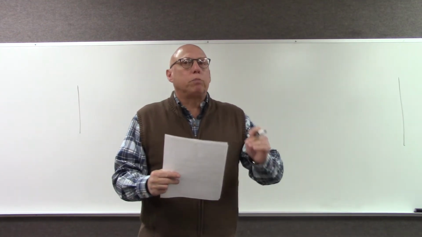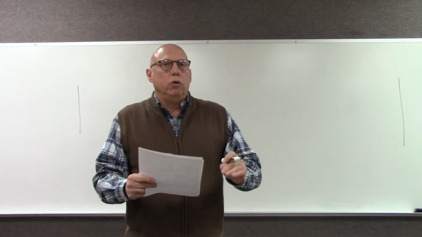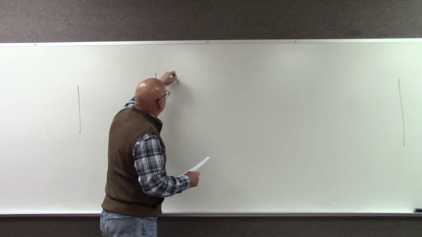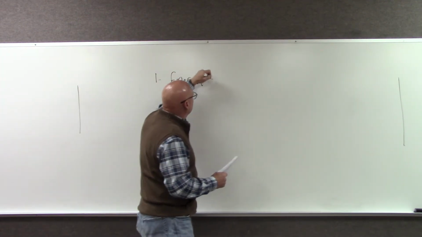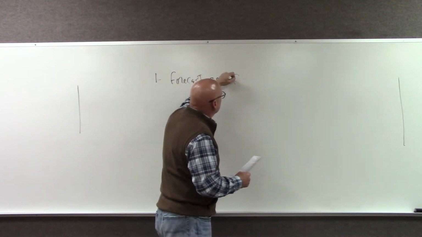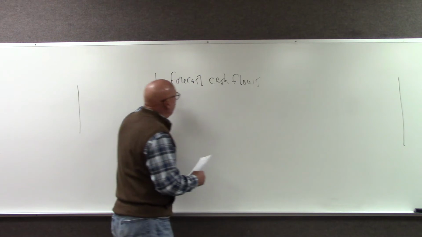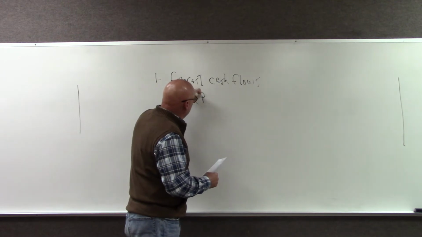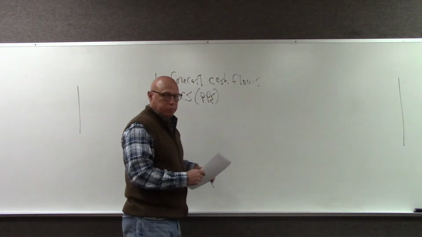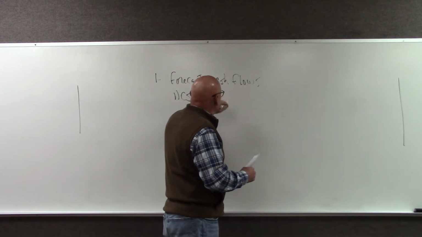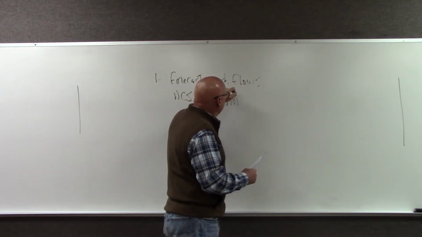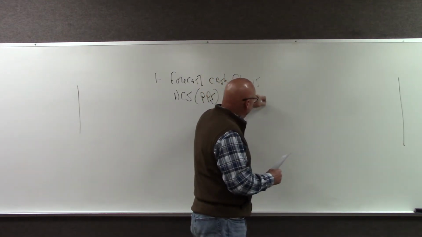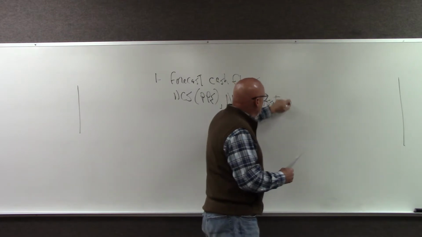And with these projects, you have to do 3 things. First, you have to forecast your cash flows. Okay? And that would be the money you spend on net capital spending, which is property, plant, and equipment, and the money you will spend on net working capital, which is short-term assets and startup cost.